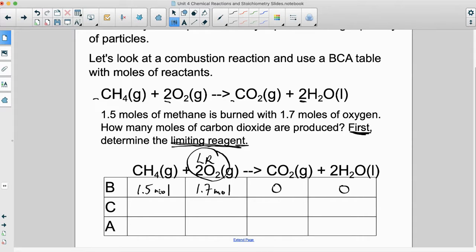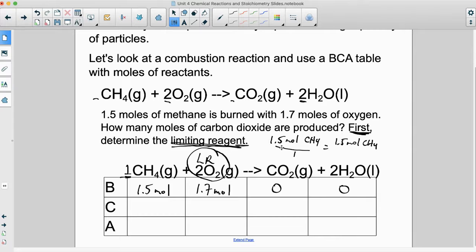Another way to do it, if that's not obvious to you, if you can't seem to see how you take 1.5 times 2, I can take my mole amounts. I can take 1.5 moles of CH4 and divide by the coefficients. I divide by 1 and I get 1.5 moles of CH4.